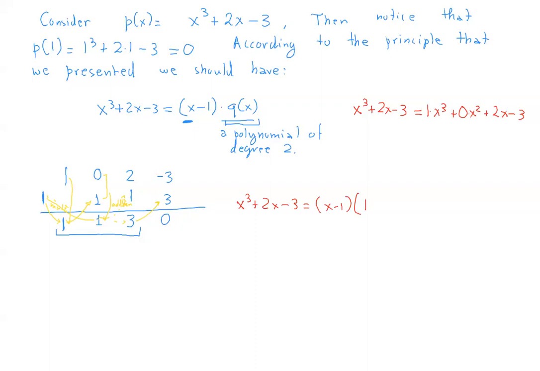So it's going to be 1 times x squared plus 1 times x plus 3. And of course, if you want to write it in a simpler way, that's x minus 1 times x squared plus x plus 3. And that's the factorization that we were looking for.